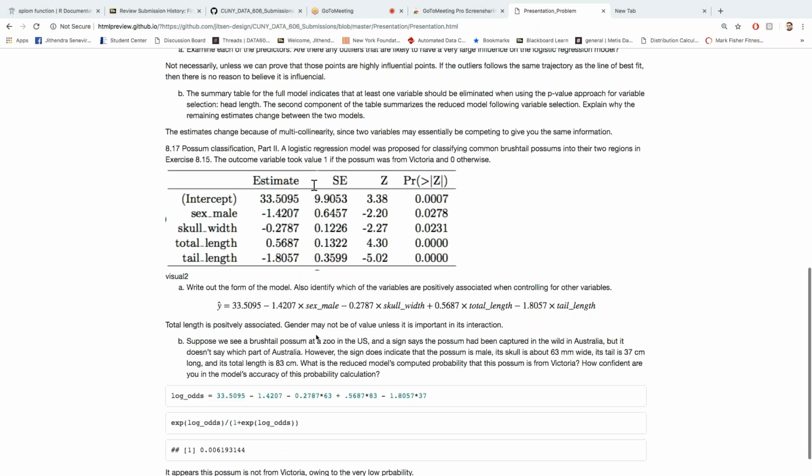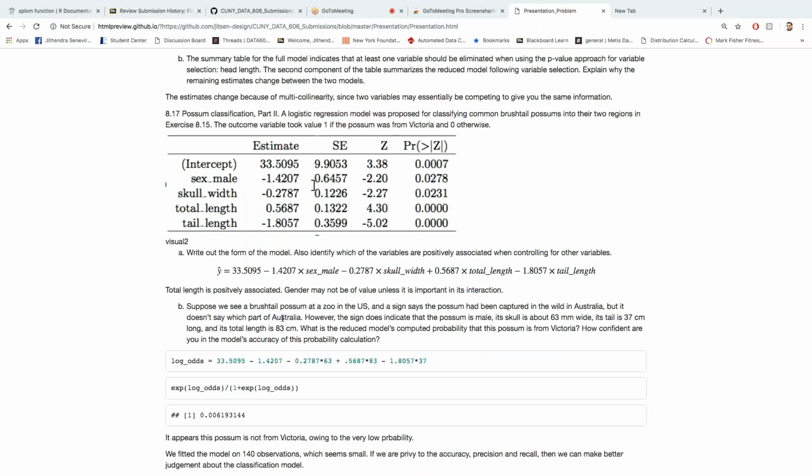And they've asked me to identify which variables are positively associated when controlling for others. And so total length, as you can see, is positively associated. Gender may not be of value unless it is important in its interaction. So basically, depending on if this is 1 or 0, the rest of the variables take on very different meanings.